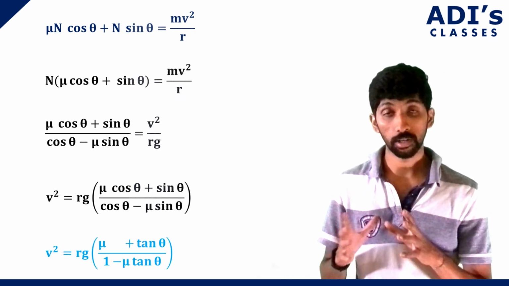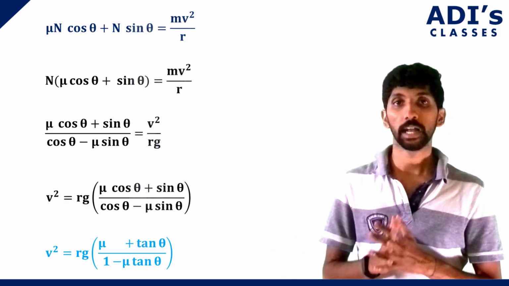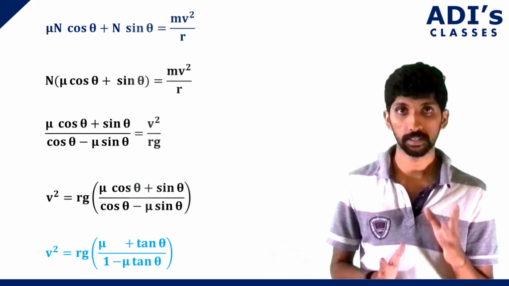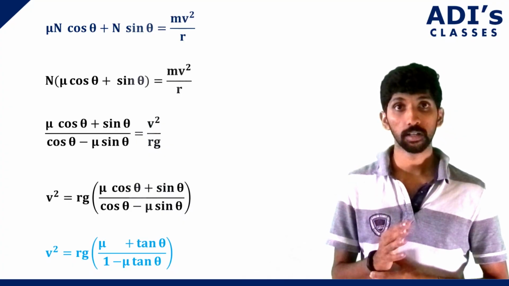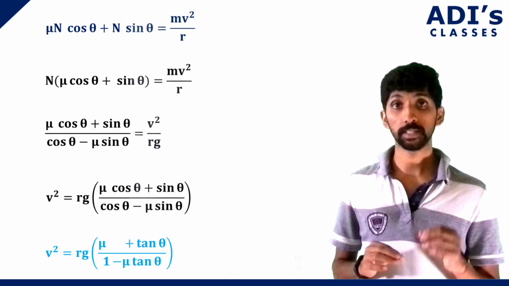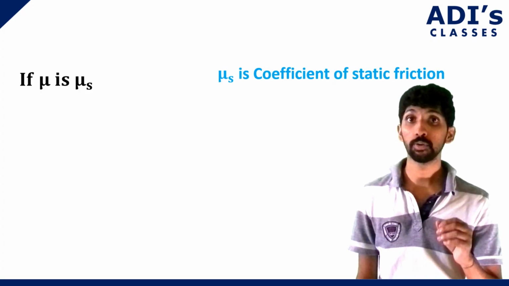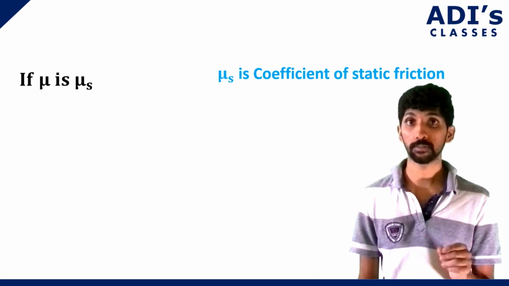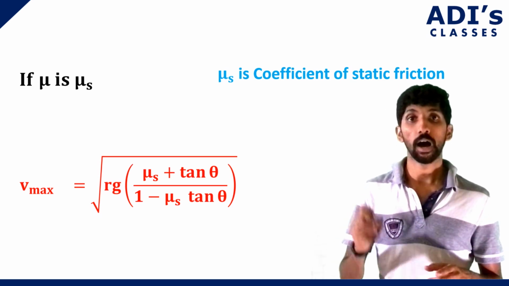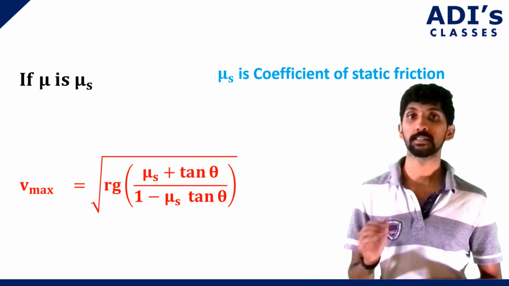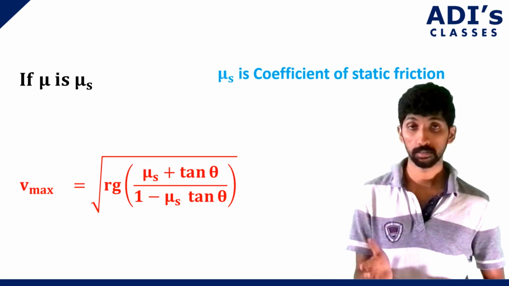So v square reduces to rg into mu plus tan theta by 1 minus mu tan theta. If we consider mu s, the coefficient of static friction, then v max is equal to root of rg into mu s plus tan theta by 1 minus mu s tan theta. So this is what you get.